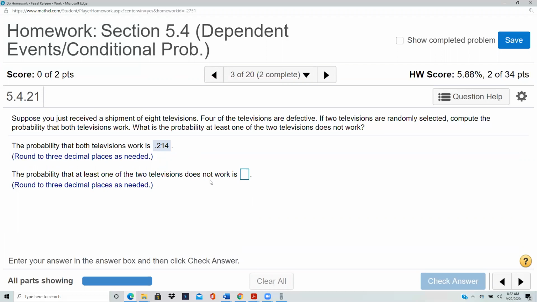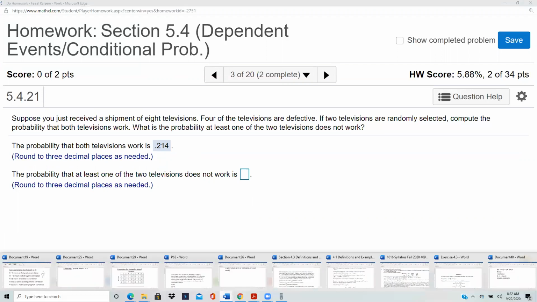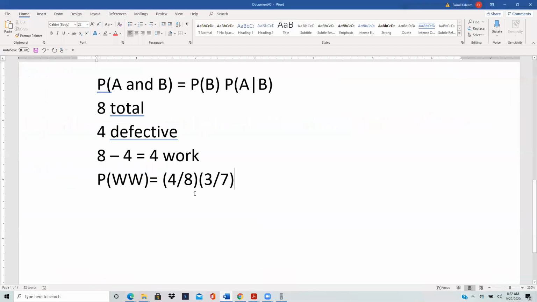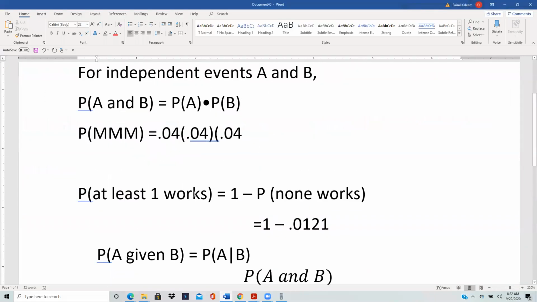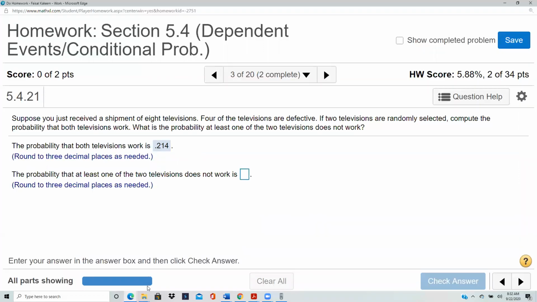Probability that at least one does not work. So at least one, something we've done so many times, and we'll do it the same way. So the question was probability at least one does not work.